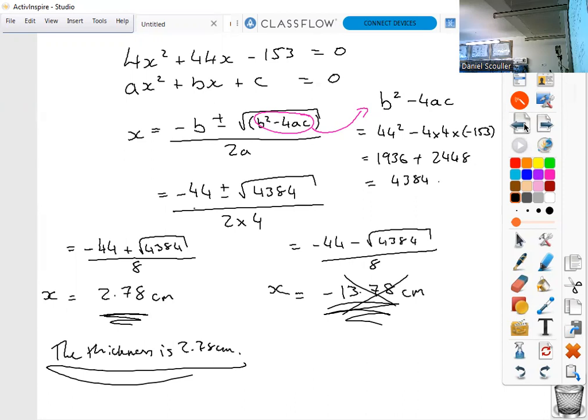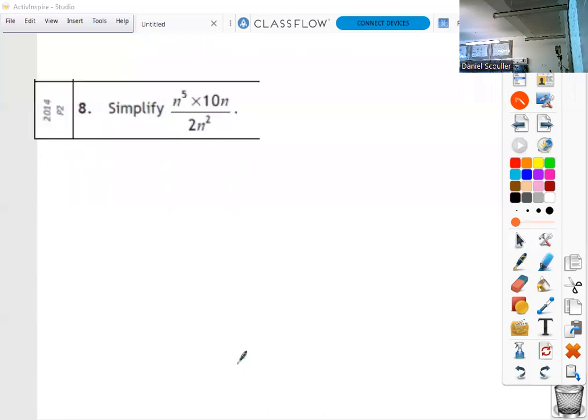Okay, indices. Yeah, there were a few wild answers going on here. It's interesting.